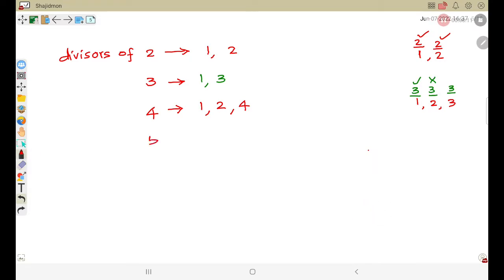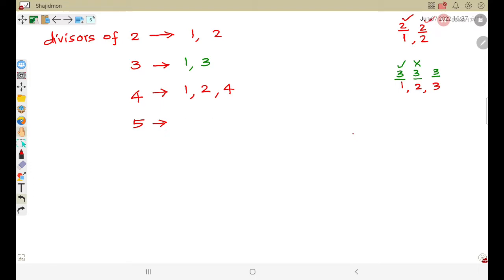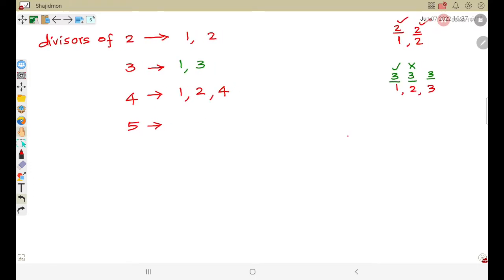Okay, now we will go to the next one, number 5. I am just writing up to 10. What are the divisors of number 5? Can we divide 5 by 1? Yes. So 1 is a divisor. Now 5 divided by 2 possible? No, because 5 divided by 2 means 2.5. So 2 is not a divisor.